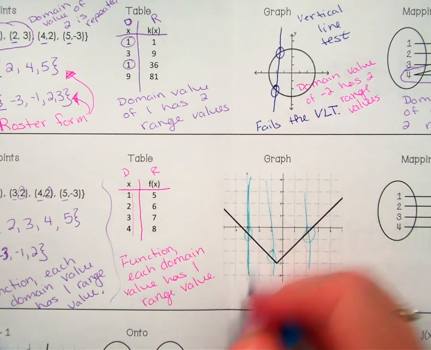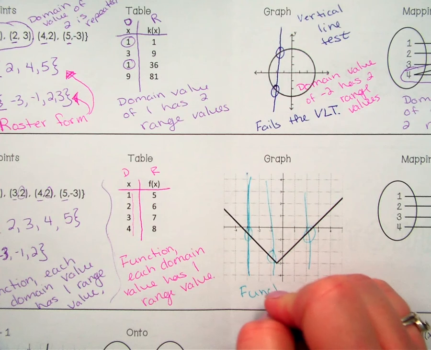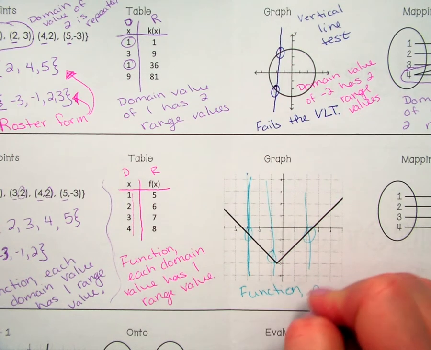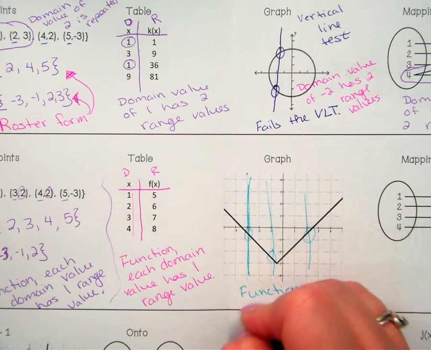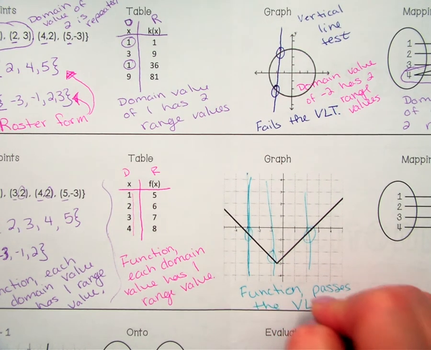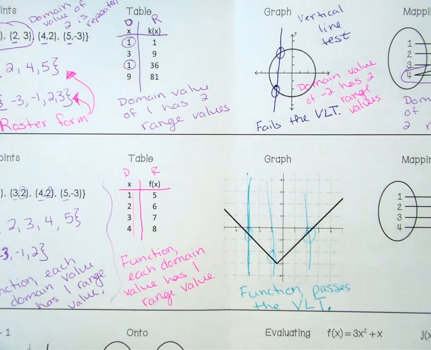So this is a function. It passes the vertical line test. And because it passes the vertical line test, that is telling us each domain value only has one range value connected to it. So that's why it passes.